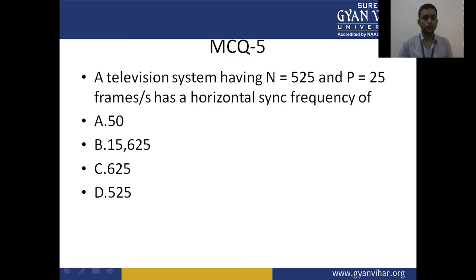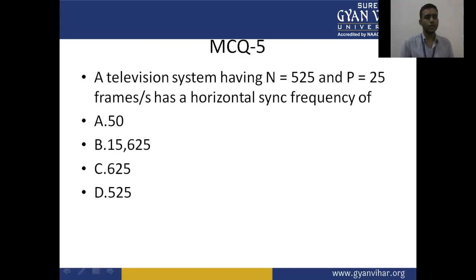Question number five, a television system having n equal to 525 and t equal to 25 frames per second has a horizontal sync frequency of, A, 50, B, 625, C, 625, and D, 525.